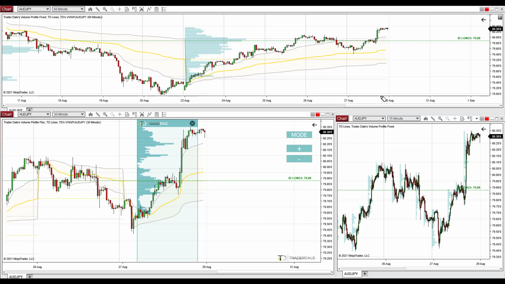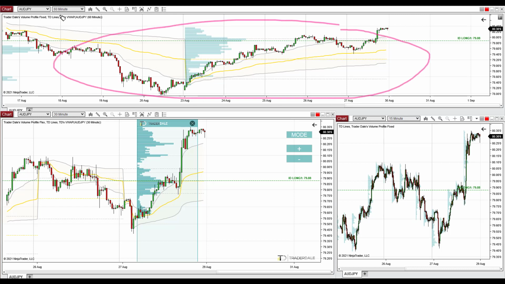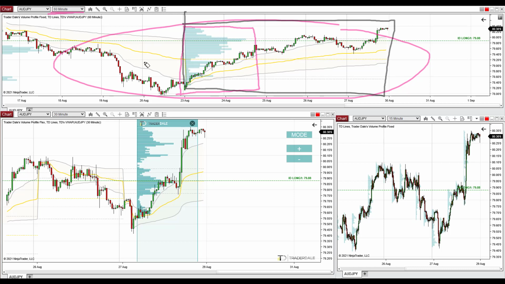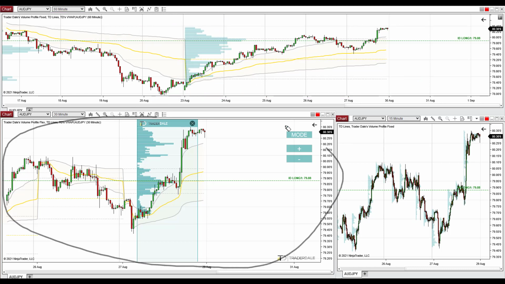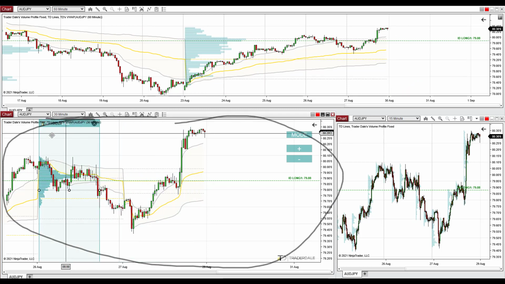What you see before you is my day trading workspace. The chart at the top is a 60-minute chart where I have fixed profiles which show how volumes were distributed throughout the whole week. This is sort of a big overview. Below that is a 30-minute chart, and with this chart I use flexible volume profile.